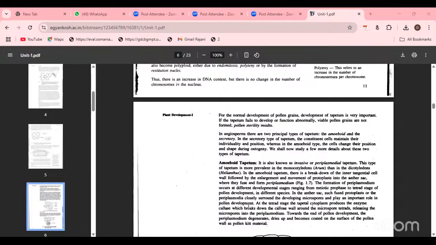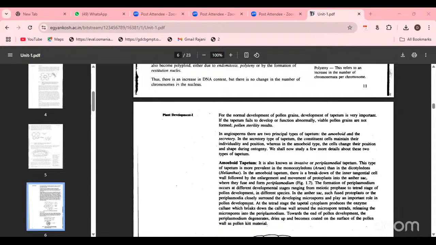The formation of periplasmodium occurs at different developmental stages, ranging from the meiotic prophase to the tetrad stage of pollen development.